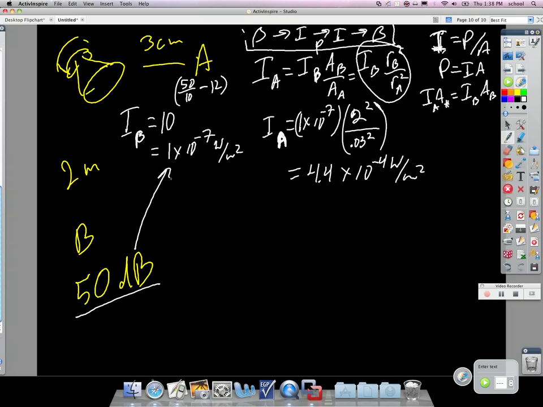So it's 10 times the log of 4.4 times 10 to the minus 4 over 1 times 10 to the minus 12. Plug all that together and tell me what you get. You got what? 86.4 decibels. So check and see if you get the same thing.